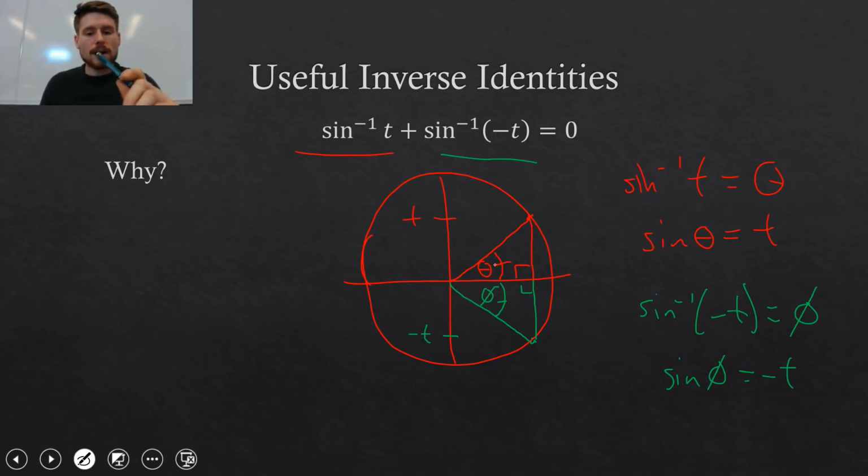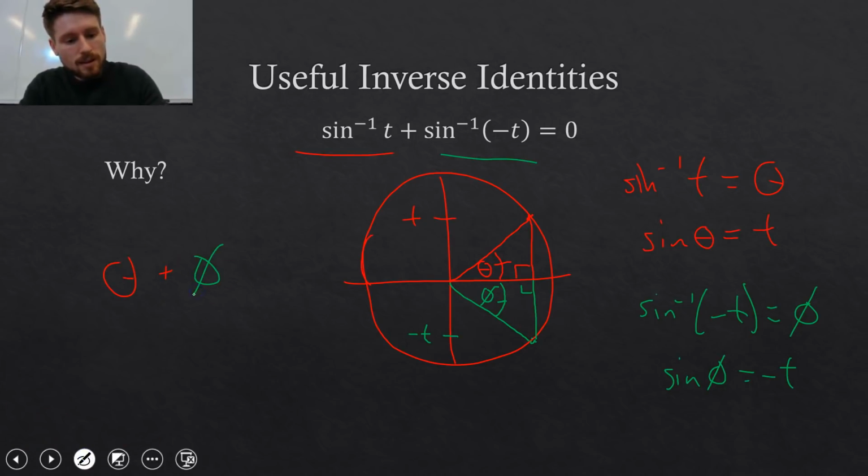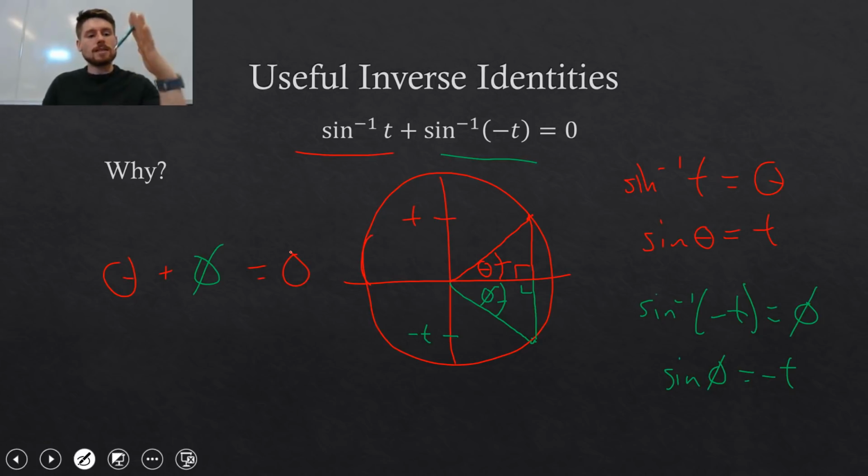Theta is a positive amount, and phi is a negative amount, and they're the same absolute value, the same total amount. And so that tells us that theta plus phi equals 0 because they're going to cancel each other out. They have the same absolute value, but one's counting counterclockwise as positive, the other's counting clockwise, and that's negative, and so they will cancel each other out and add to 0.